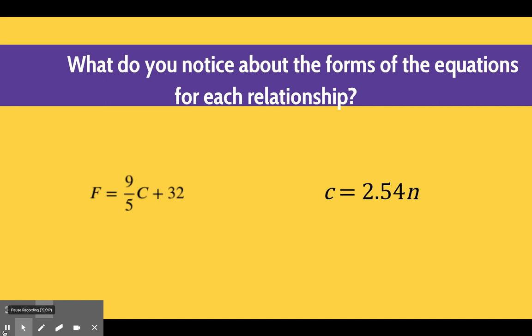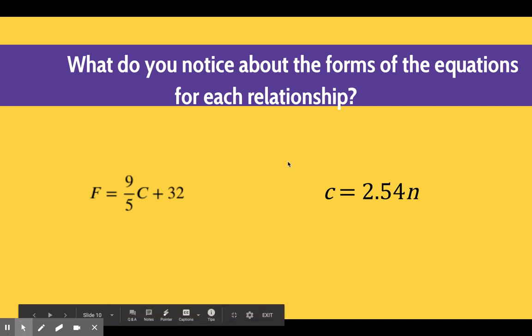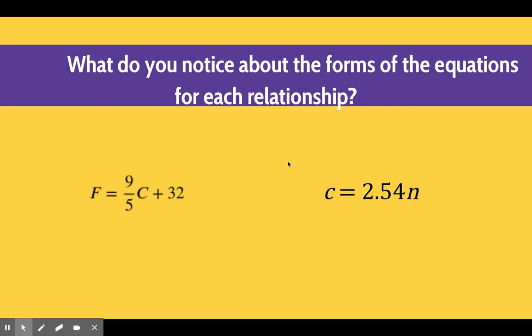One thing that I definitely wanted to point out is that there are a lot of things to talk about with these two equations, but specifically, I wanted you to highlight that the one that represents a proportional relationship was the second equation, which was C equals 2.54N. That equation is still of the form y equals kx. Remember, we can change out the variables, but it has 2.54, which is your constant of proportionality, multiplied by a variable.